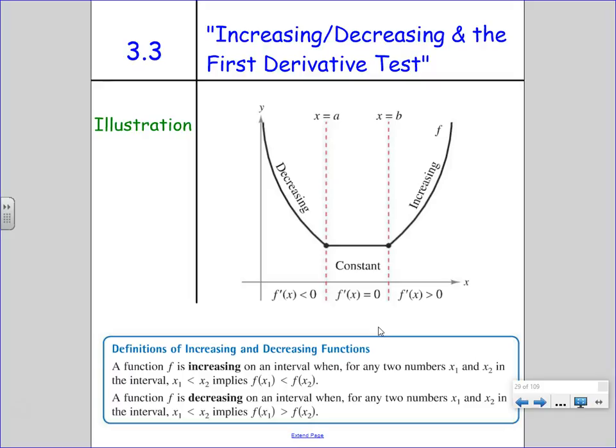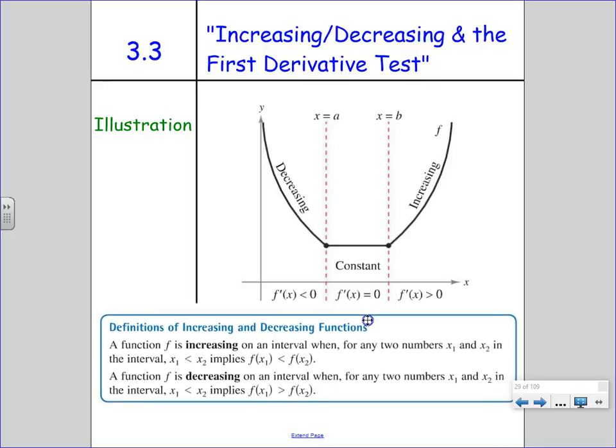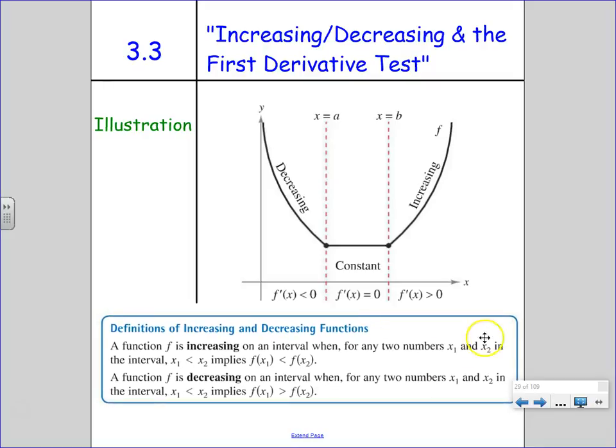Now, down below, maybe this will help: an actual definition of increasing and decreasing functions. I don't think we even wrote the definition last year. A function is increasing if for any two x's, the second x is greater than, or further to the right than, the first x, and the first y value is less than the next y value.